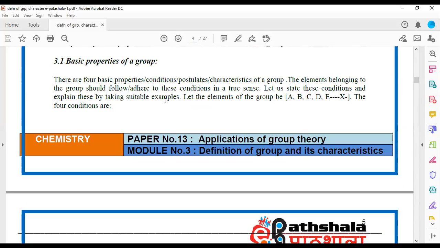Okay, so if I am talking about a group, let that group have these elements. Suppose I am telling C2v is a point group. What are all the elements in that C2v point group? Can you tell me?